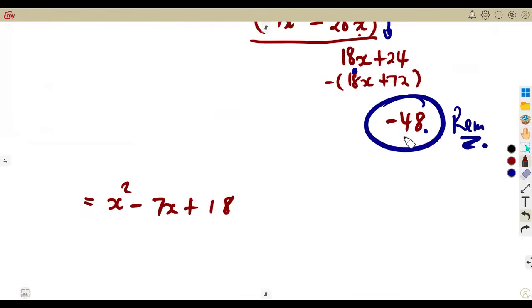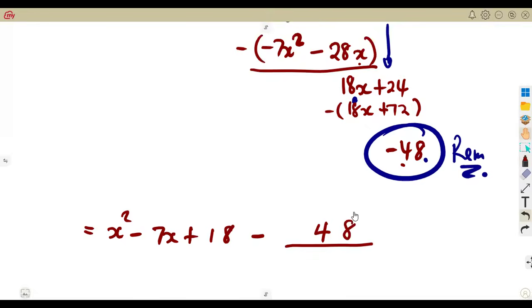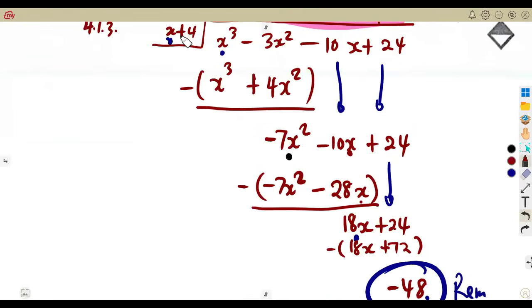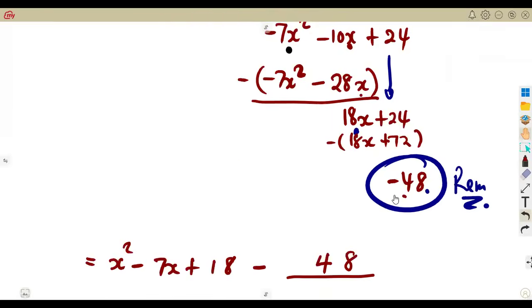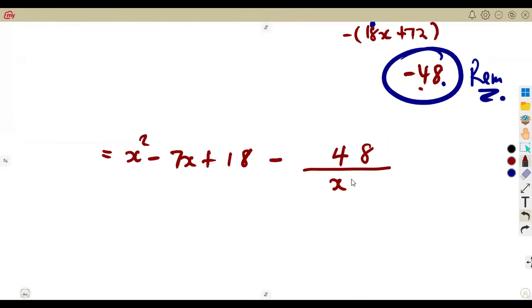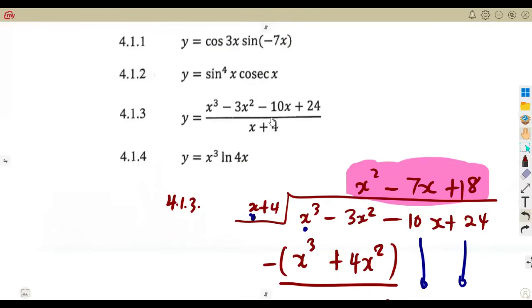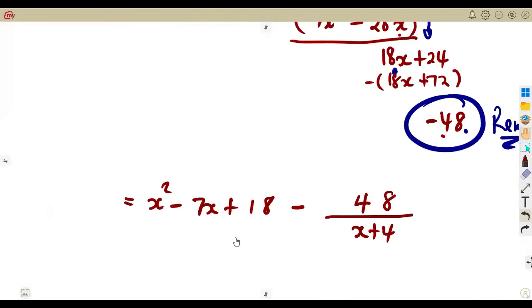Our remainder is minus 48, so you take it as it is: minus 48 over what was dividing. You were dividing by x plus 4, so it's over x plus 4. Remainder over what was dividing. This is the part that we had in this long division. At the end, it will give us something like this.